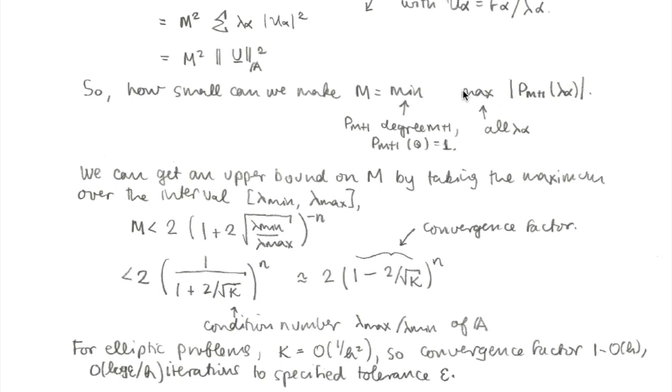We're just going to find the minimum of the maximum value over the whole interval between the smallest and largest eigenvalues. Okay? So once I make it a problem over the whole interval, I know that I can use the result from a couple of pages back from Chebyshev polynomials, which is this result.